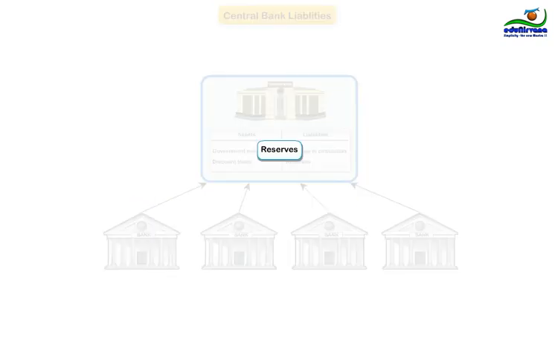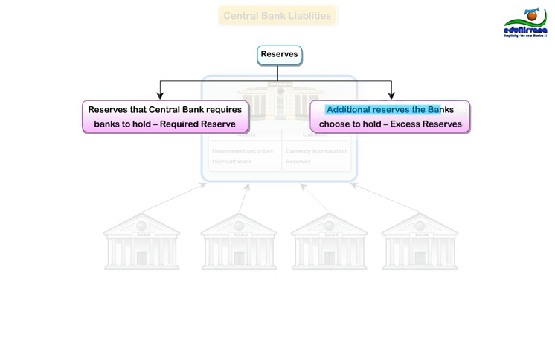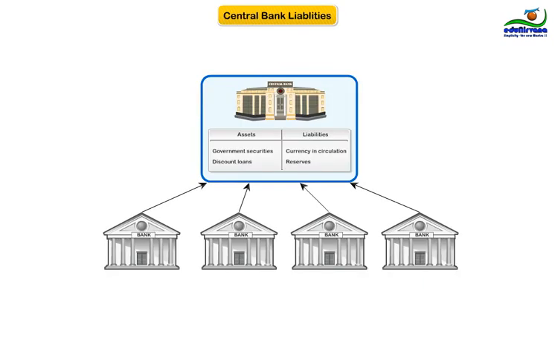Total reserves can be divided into two categories. Reserves that the central bank requires banks to hold, required reserves, and any additional reserves the banks choose to hold, excess reserves. For example, the central bank in our island requires that for every dollar of deposits at a depository institution, a certain fraction, say 10 cents, must be held as reserves.